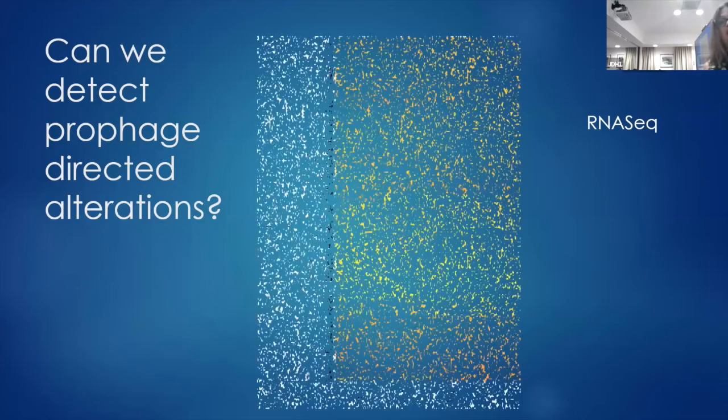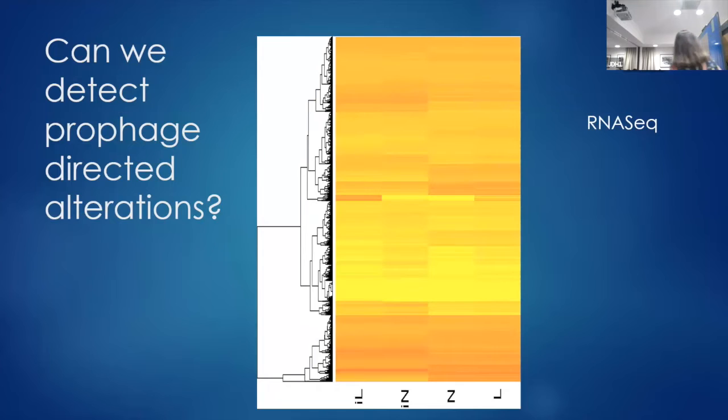So what we did was we moved on to RNA-seq. So this represents an induced lysogen, the naive cell also induced, treated the same way, the naive cell and the lysogen. And you might be able to immediately see where the prophage is in the hierarchical cluster.